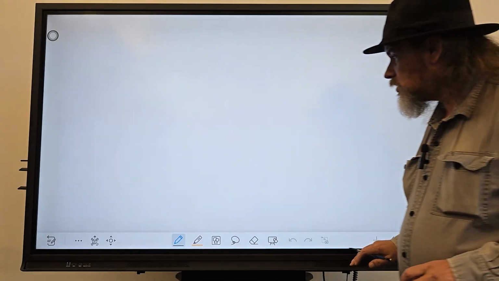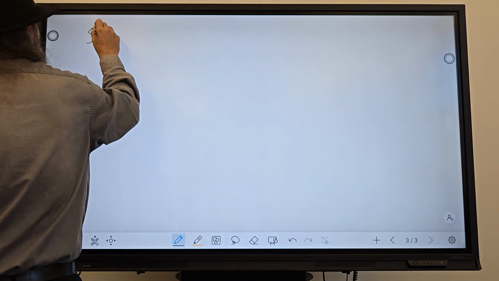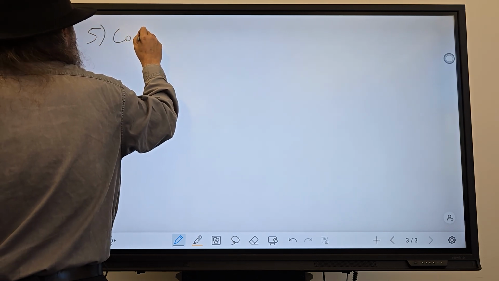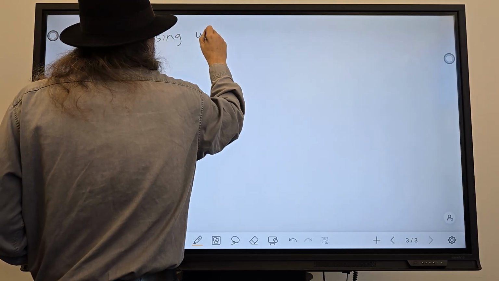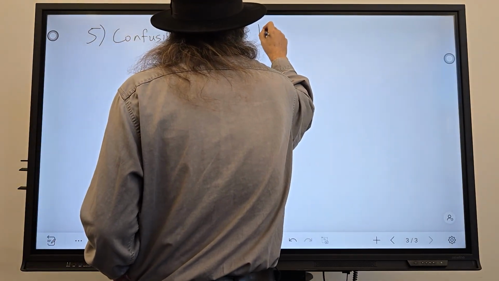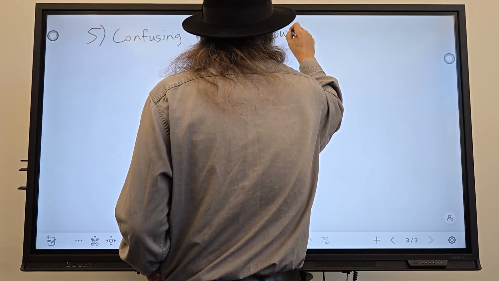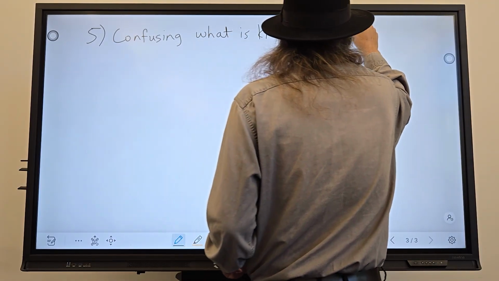Another one. Confusing what is known and what is to be shown.